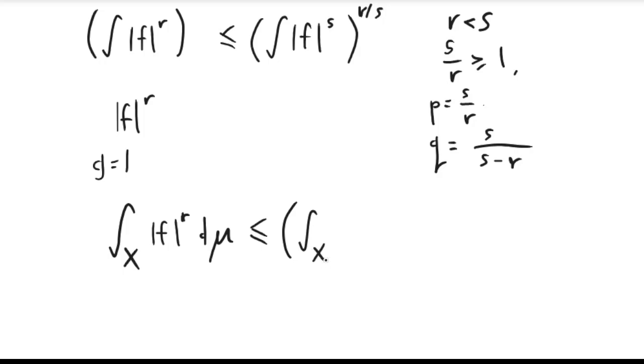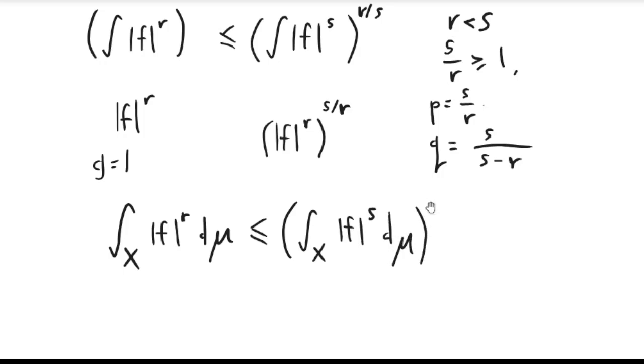So we have absolute f to the r, raised to the s over r power, which is absolute f to the s power, d mu, and then we raise this to the power of r over s. Then we need to multiply by the q norm of the function 1.